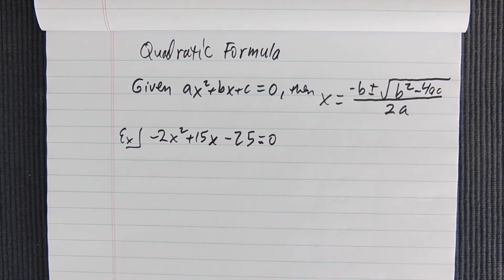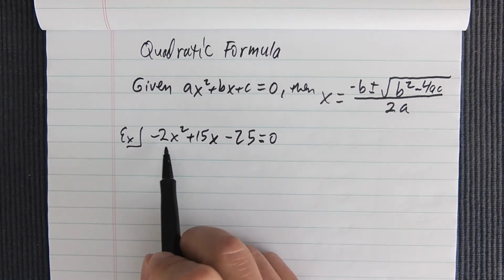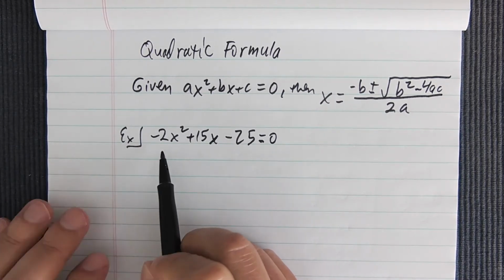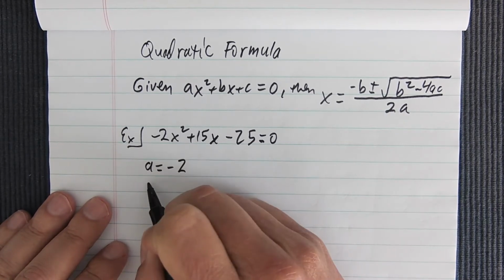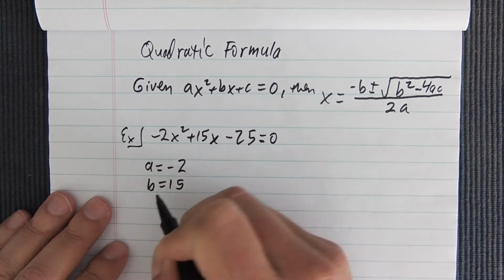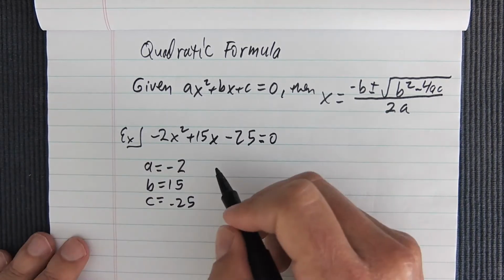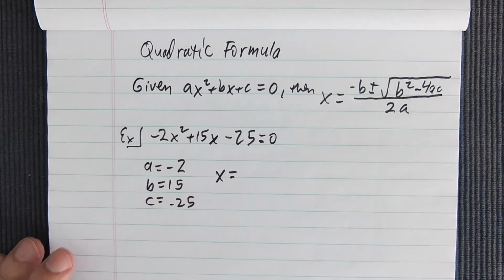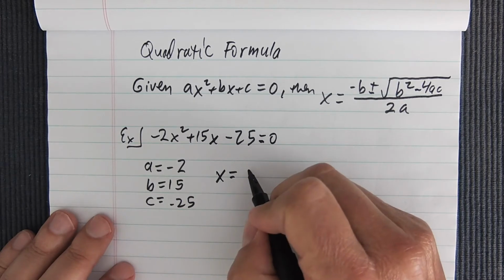So you haven't missed too much. This is all I've written down. To make it clear, the a, b, and c are the numbers in front. And it's real important that you keep an eye on the signs. Now, be extra careful with the negatives and the positives and so on.